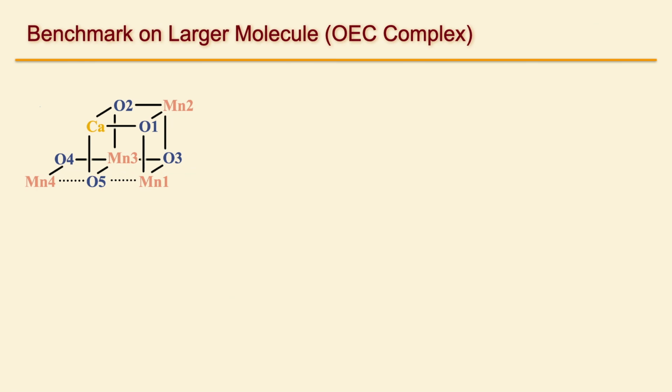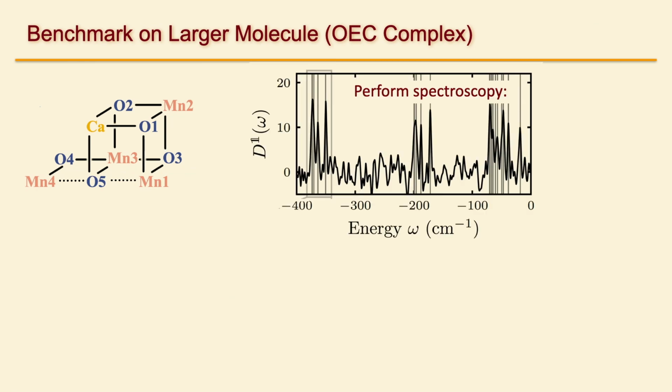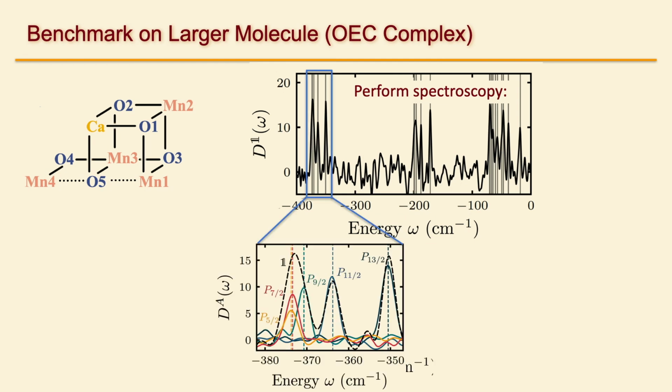And now, of course, we have to do the same thing for our real molecule. And what we find here is a spectrum that looks something like that. But we are, as I said, mostly interested in the low energy manifold, and so we zoom in on that.